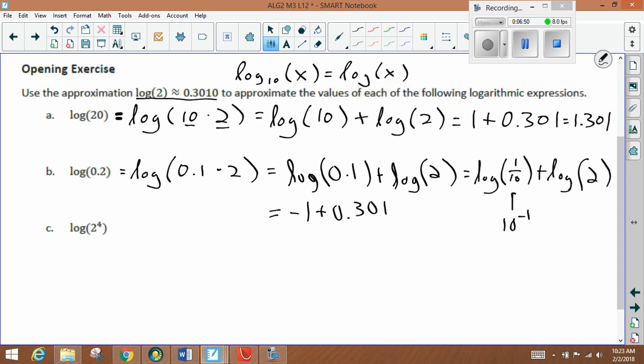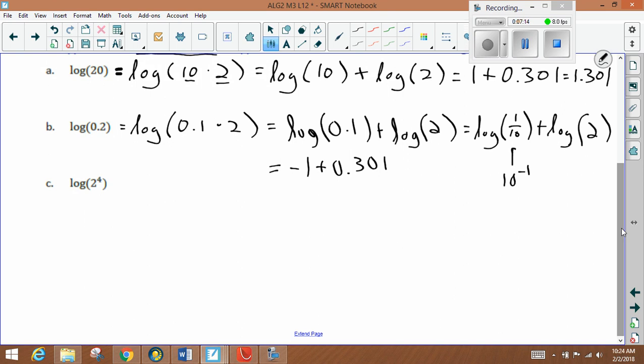Log base 10 of 1/10 is -1, right? And remember, the instructions tell us the value for log base 10 of 2.